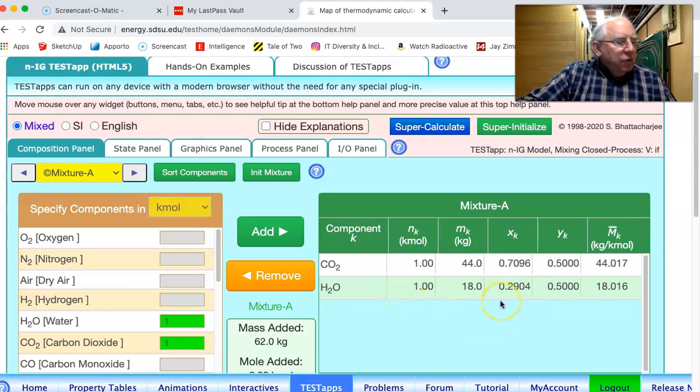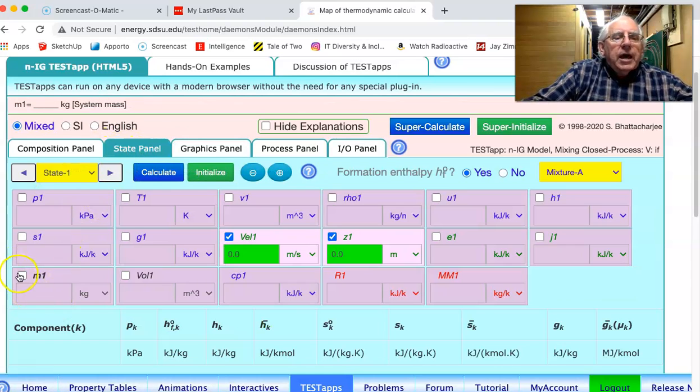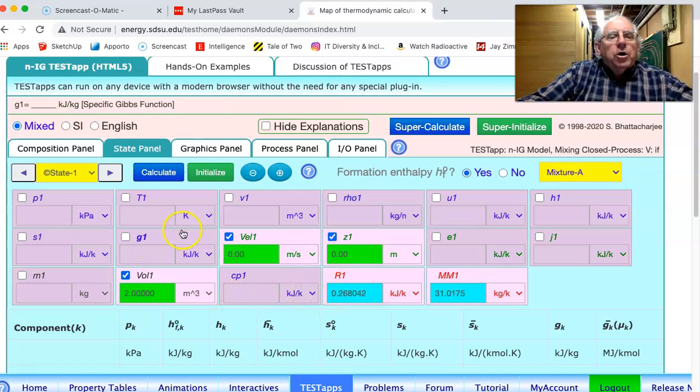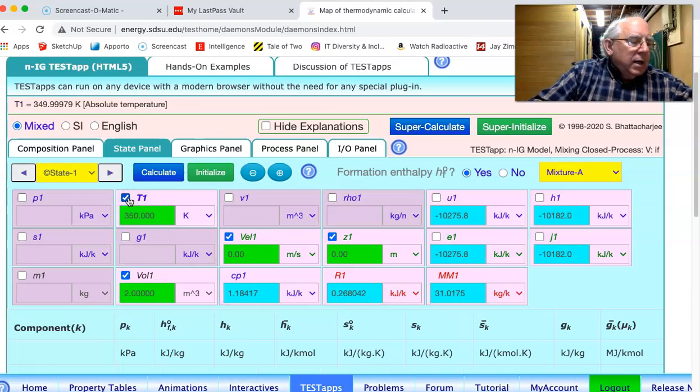Again, as we did before, I'm writing down these two mass ratios, because we're going to be using them along with the total mass to determine mixture C. So this is mixture A. We know that mixture A has 2 cubic meters of volume, the temperature of that side is 350, with a pressure of 200.